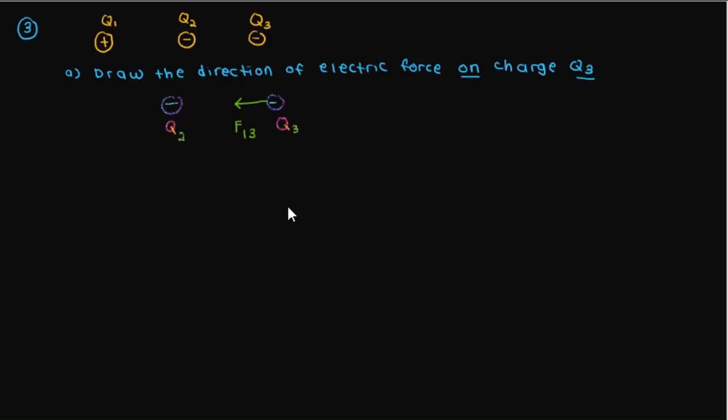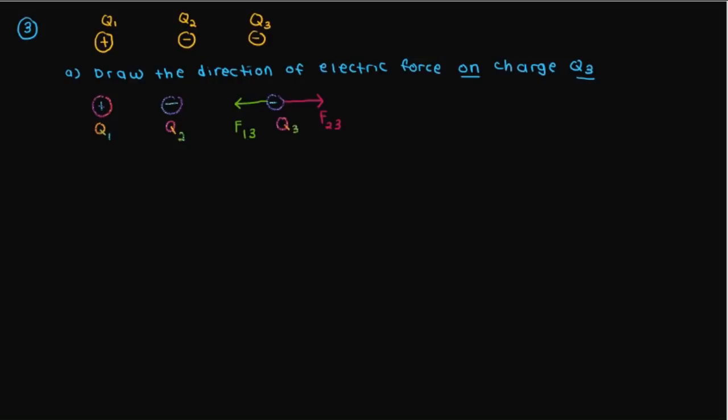Move away means that it will repel. So it will produce to the right. So how do we label? F2 on charge Q3. Okay, and then we just draw back the charge Q1 that we already rubbed just now. So this is the direction of force on charge Q3.